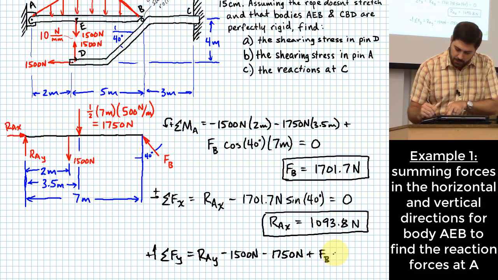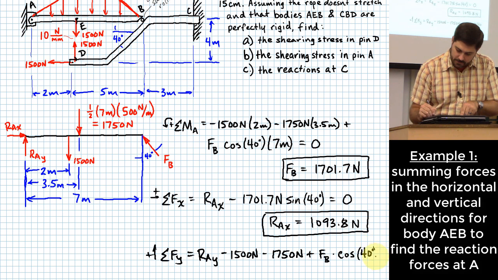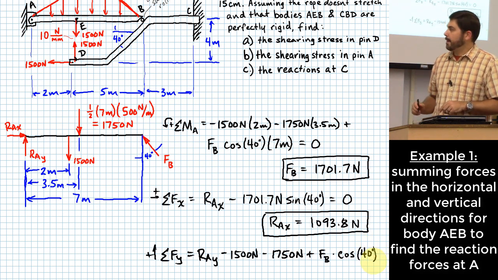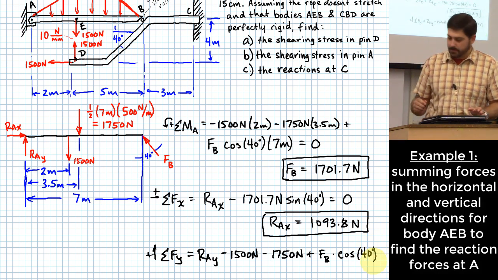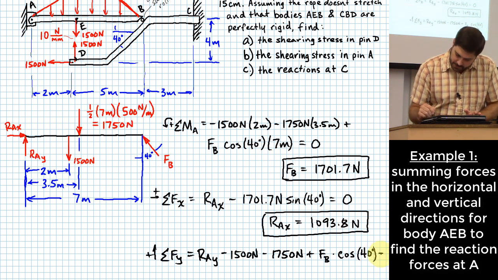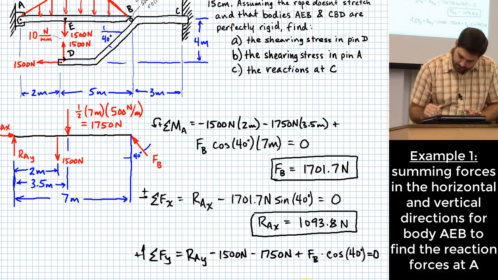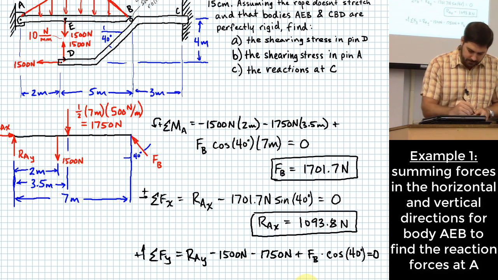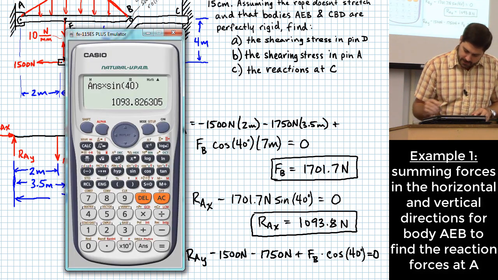I need to take the vertical component, which I get by multiplying by cosine of 40 degrees. Right? All of this should sum to 0. So I'll pull up this again.